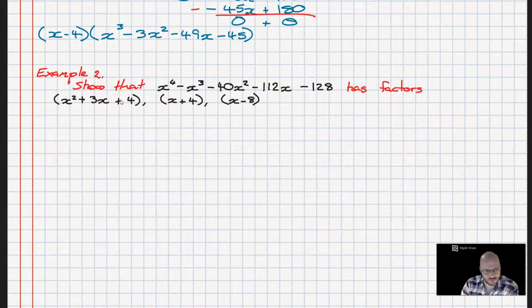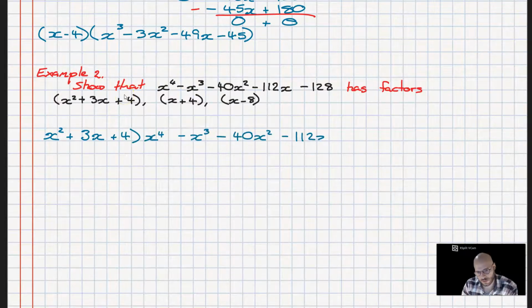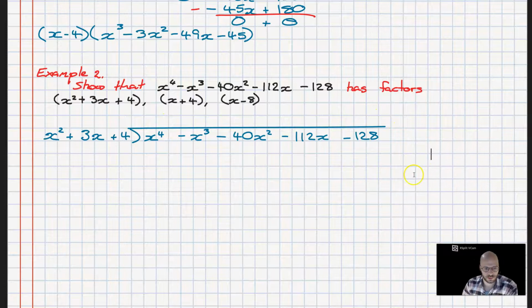So we're going to go off by saying x squared plus 3x plus 4. Go for some division. Alright, cool, we're set up. So the way in which we do this is basically the same as before, in that we look at the first term in the expression and we ask ourselves, what do we need to do?